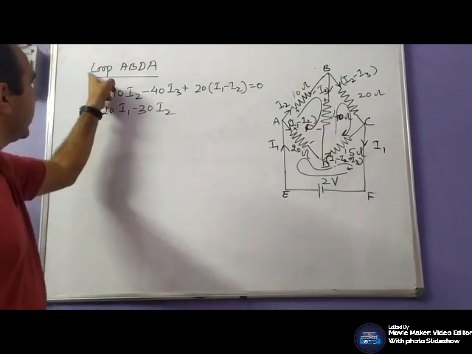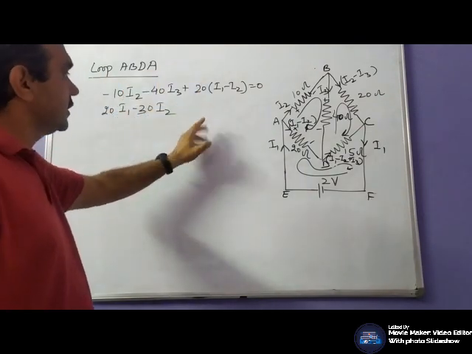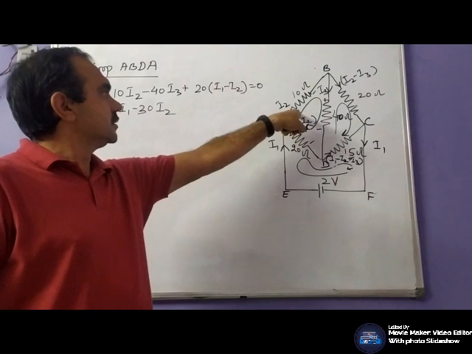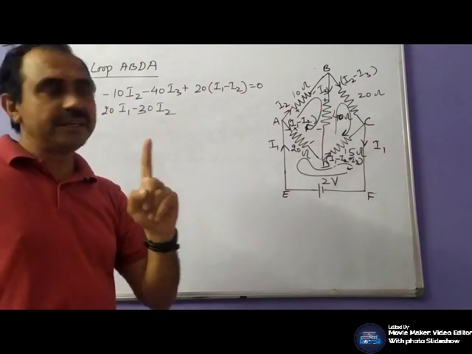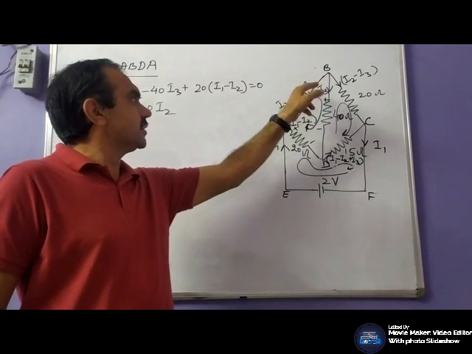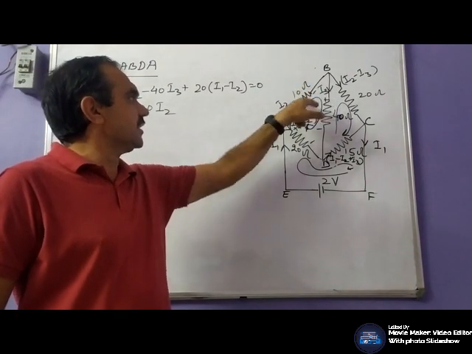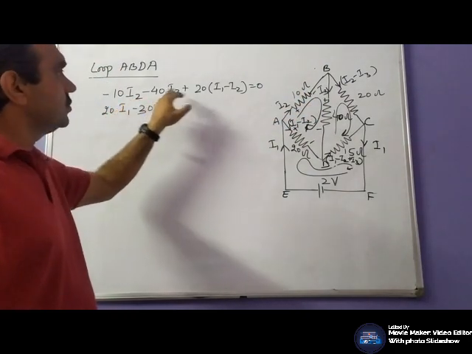Now we have considered loop A, B, D, A. We are moving from higher to lower. That means we will select minus sign. 10. What is the voltage drop here? Resistance is 10. Current is I2. 10 of I2. Minus 10 I2.